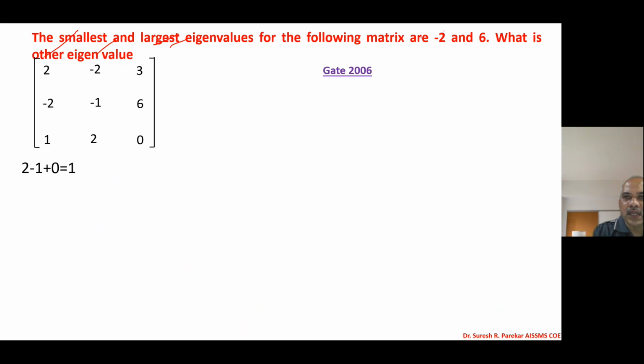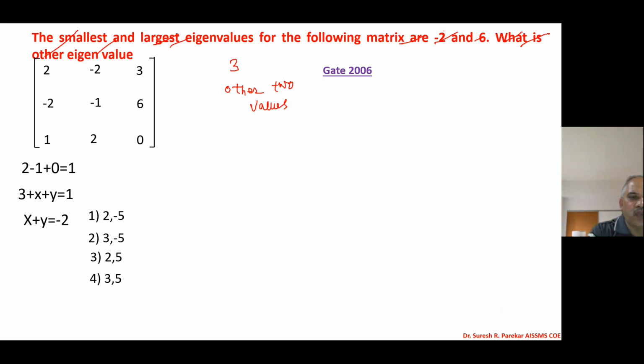So the problem was they have given one value, that is 3, and you have to find the other two values. Options are given. Now these are the four options. One value is 3 and we have to find the other two.